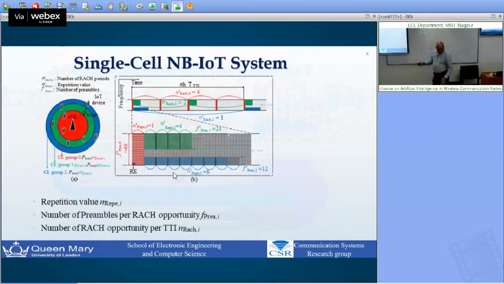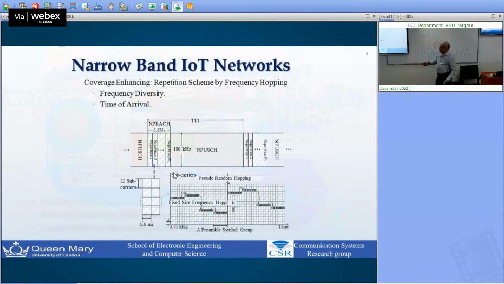So now this is narrowband IoT in the standard, where these 9 parameters of the configuration are to be set. Now, I told you narrowband IoT uses 1 resource block. 1 resource block is 180 kilohertz, which is divided into 12, so that means 12 subcarriers.